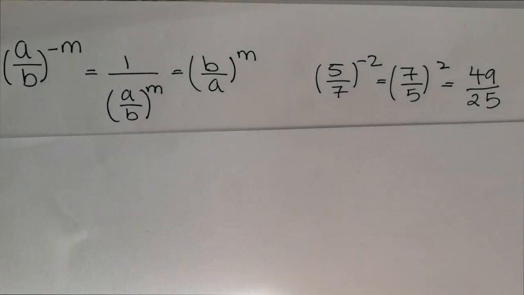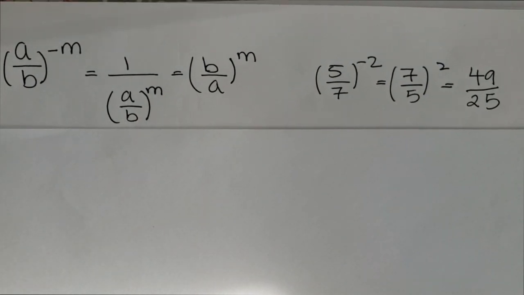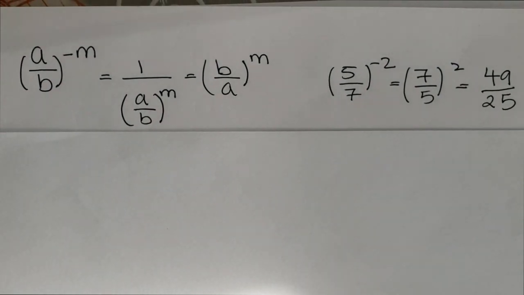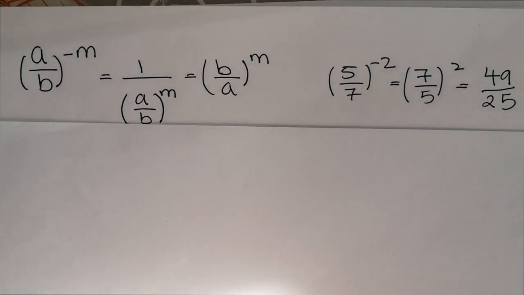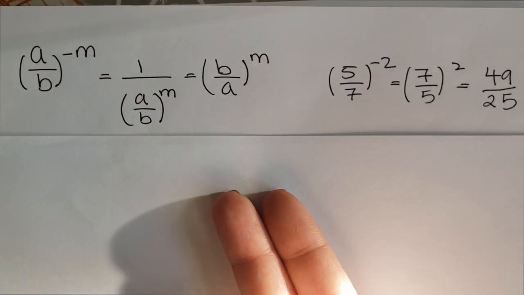So next rule, it would be a fraction raised to the power negative m. So in the fraction, the numerator and denominator could either be constants, different variables, or a combination of both. It could be anything. Because the power is negative, again, it's flipped.